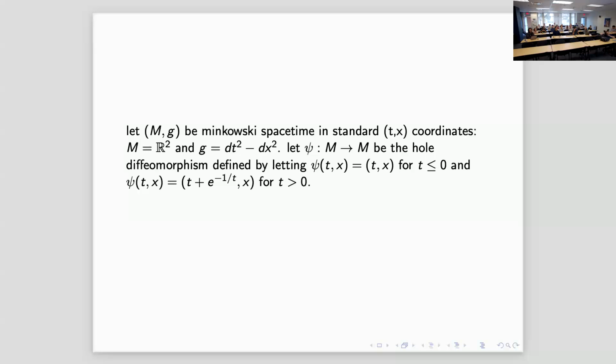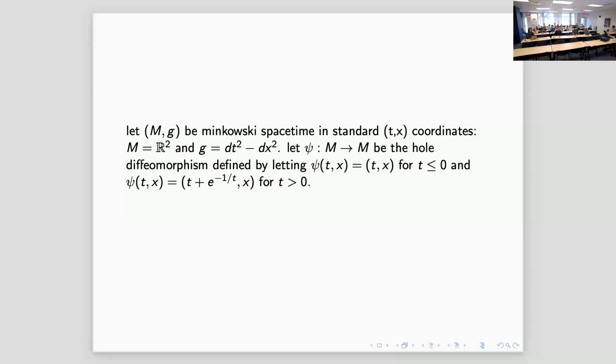Then for t greater than 0, I'm going to introduce a little bump function here, which smoothly starts to shift points up away from the t equals 0 line, right? So hopefully the idea is clear. I didn't have time to work out a picture for this one, but hopefully the idea is clear. This is an honest-to-God hole diffeomorphism.